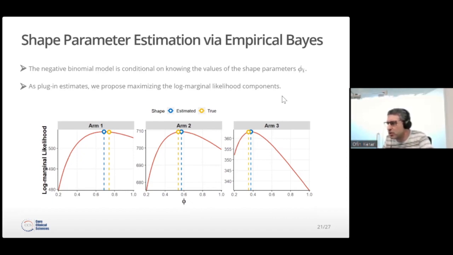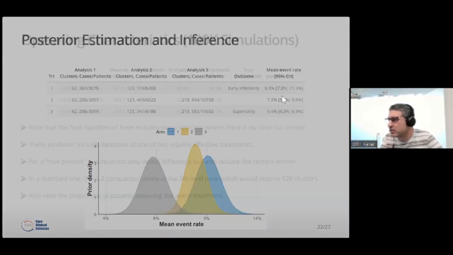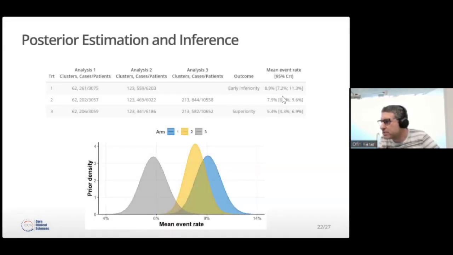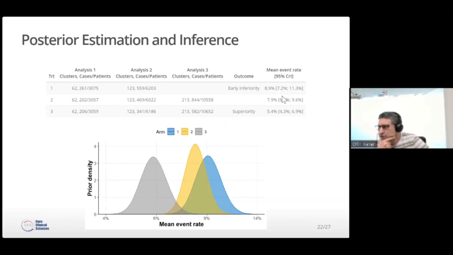You can see in the plot how I fared relative to the true one. The blue dashed lines represent the estimated shape parameters, and the yellow ones represent the true ones. So I think we do it generally very well, actually. And once I supply values for those nuisance parameters, I can do all of my inferences. For this one particular trial, those were the results.